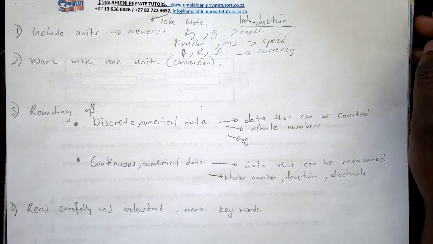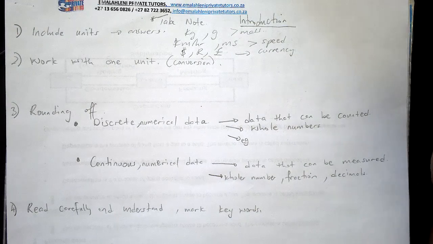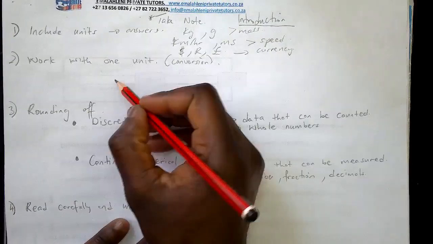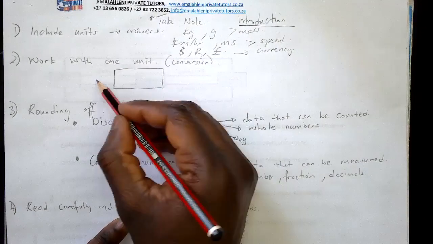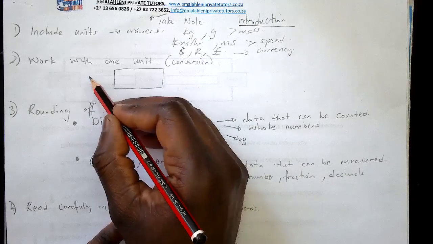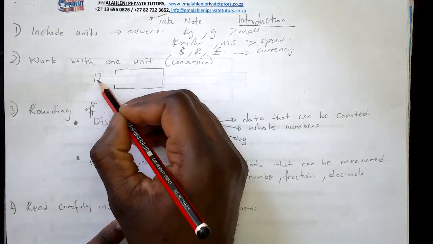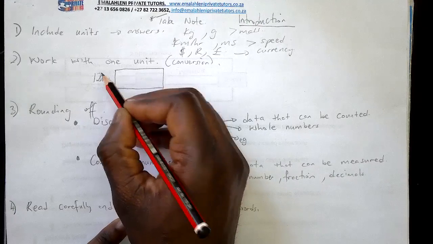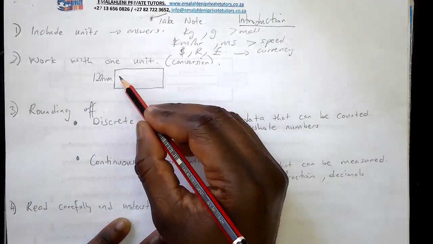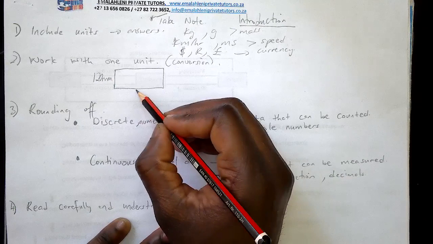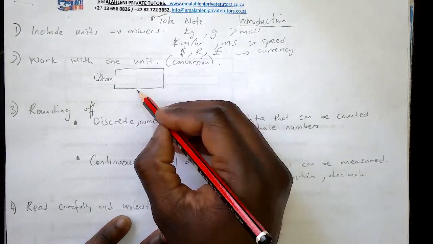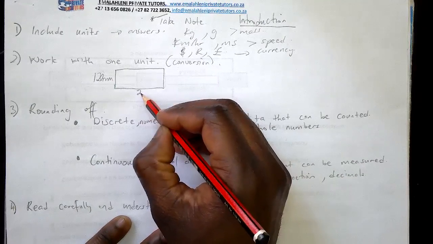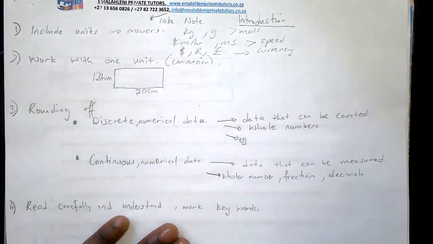Now, you must also work with one unit. Let's say when you're doing measurements, you're given a rectangle like this, and they tell you that here it's 120 millimeters, and here it's 20 centimeters.